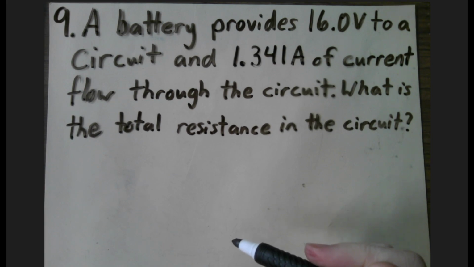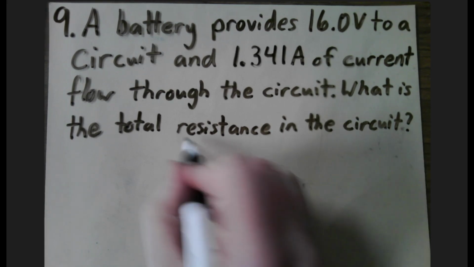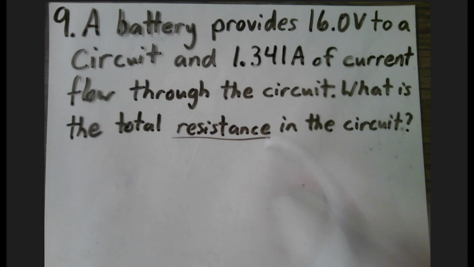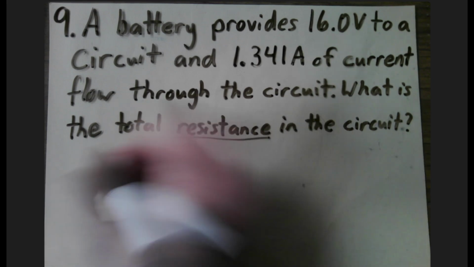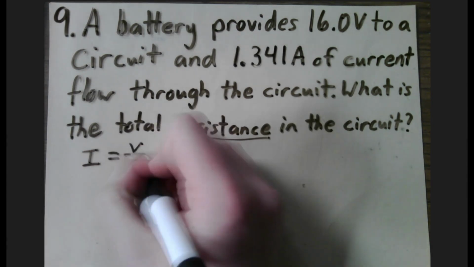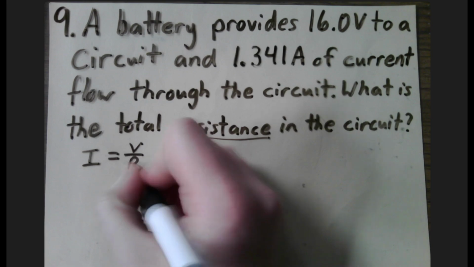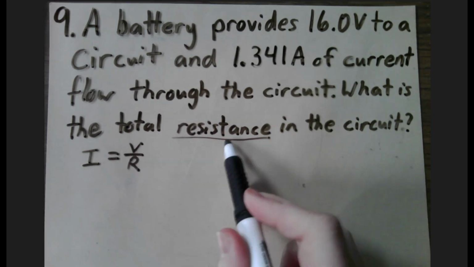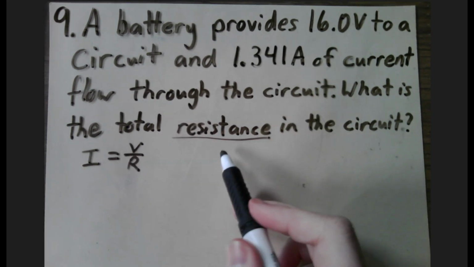What is the total resistance in the circuit? Well, again, we're looking for resistance. Our formula from Ohm's law says that current is equal to voltage divided by resistance. But we need to get resistance by itself.